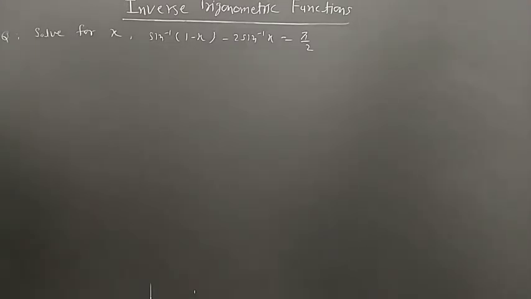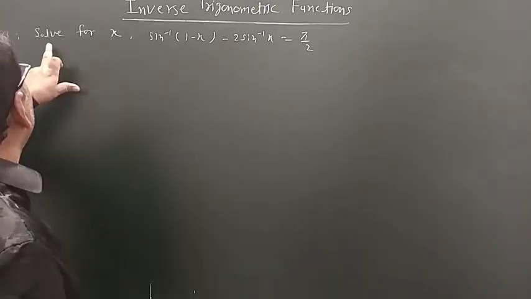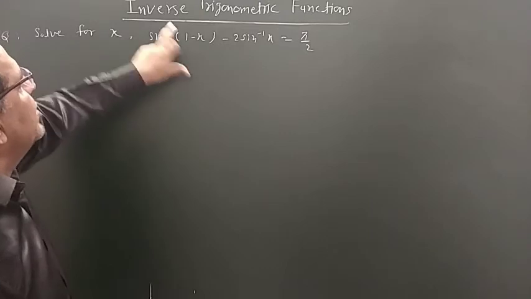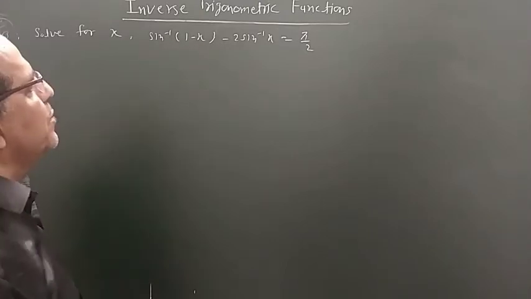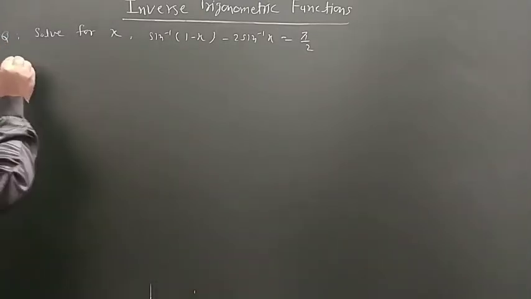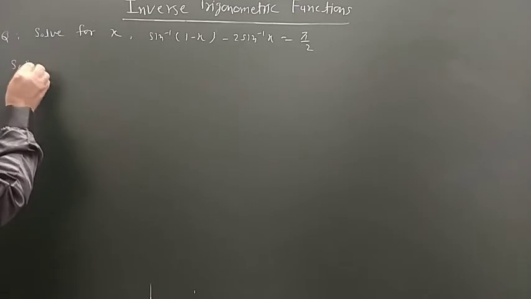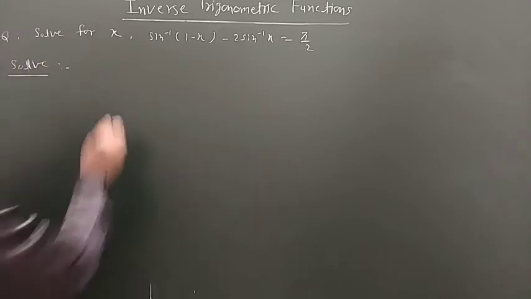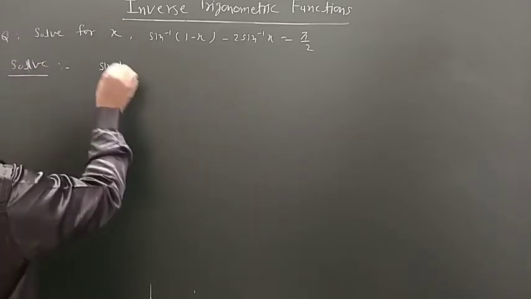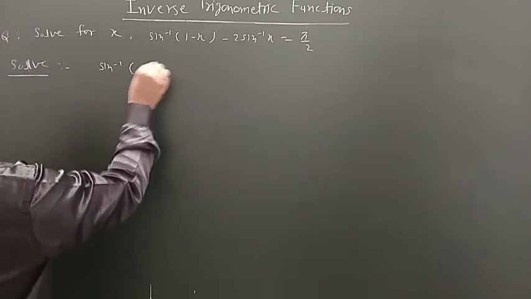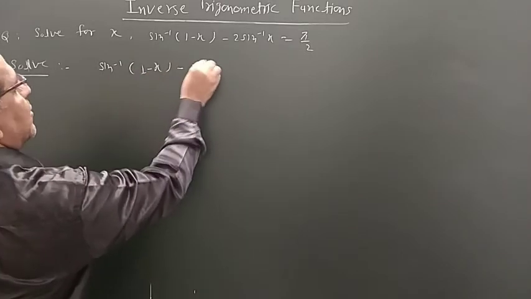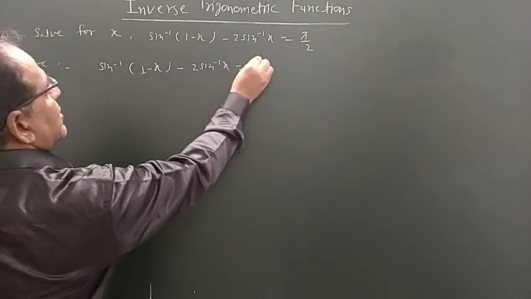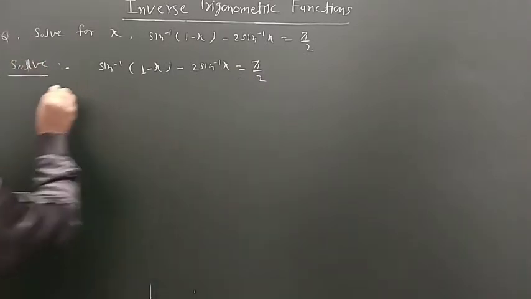Now I am taking one more problem from the chapter inverse trigonometric function. Solve the equation for x: sin inverse (1 minus x) minus 2 sin inverse x equal to pi by 2. The equation is sin inverse (1 minus x) minus 2 sin inverse x equal to pi by 2.